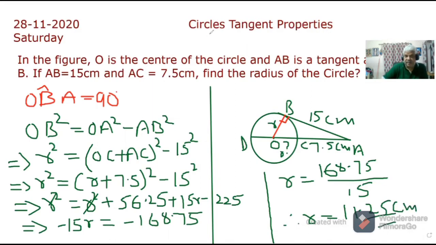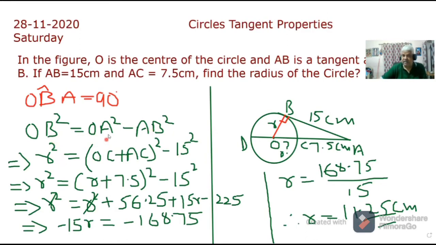So once again, I explain to you, please observe. Angle OBA is considered a right angle because AB is tangent, OB is radius. The relation between the tangent and the radius is 90 degree. So I applied the Pythagoras theorem here. OB square, radius square, equals OA square minus AB square I have taken. OB is R, I considered radius.